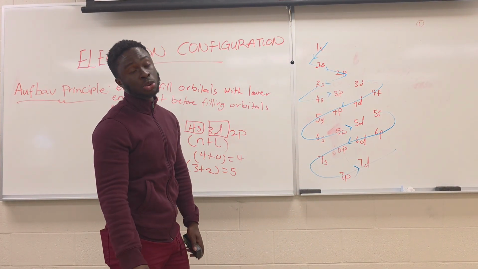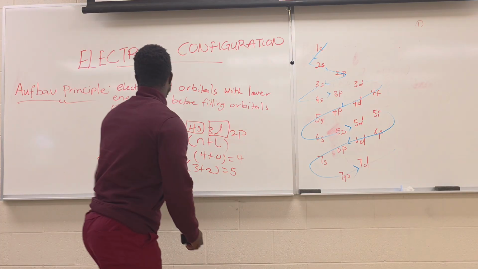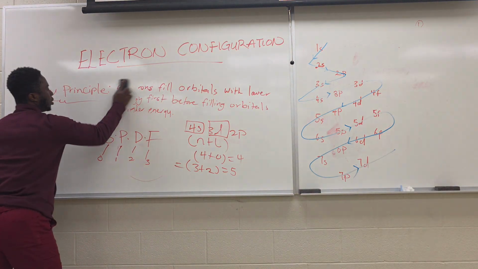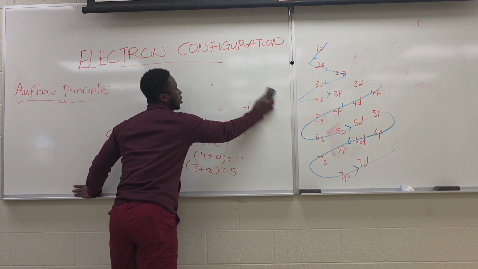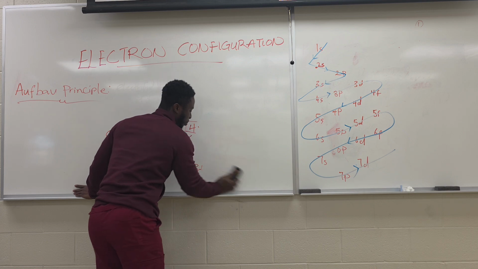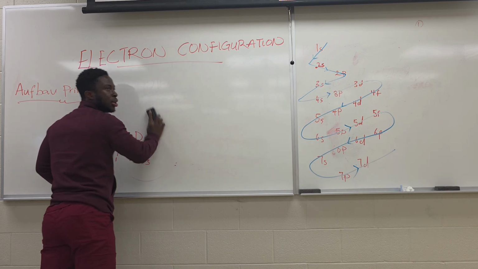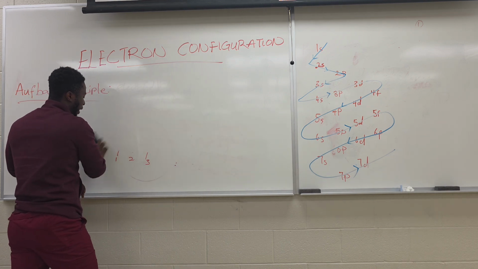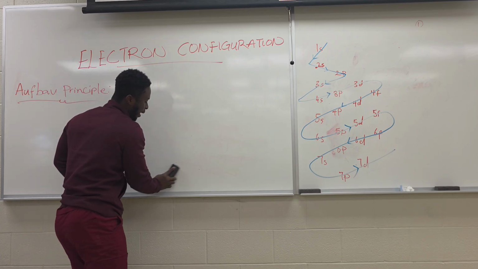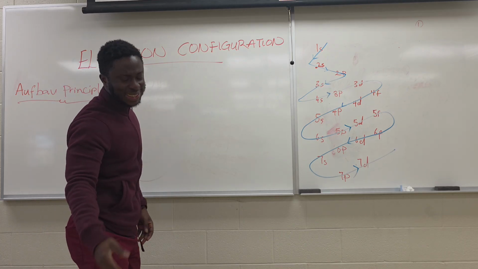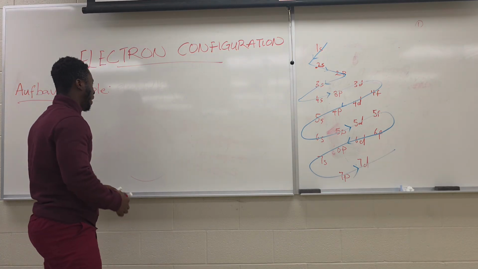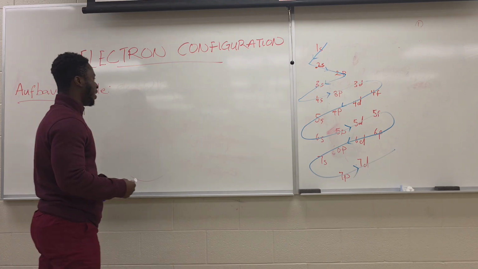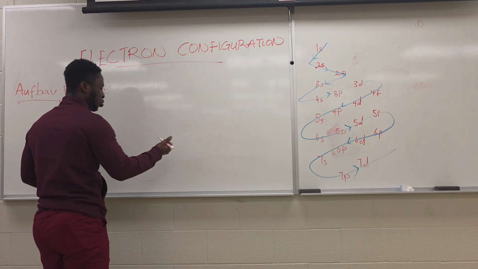The periodic table, right? I'm going to clean over here. The periodic table is one way to read the electronic configuration, and in fact, it is the simplest way to go about it. Now, let me give a freehand sketch of the periodic table.